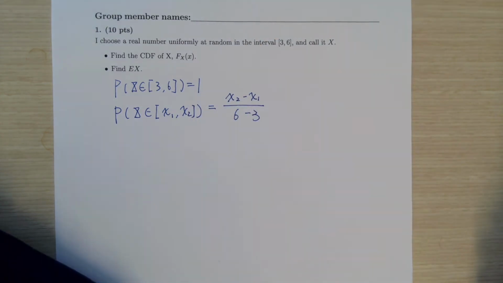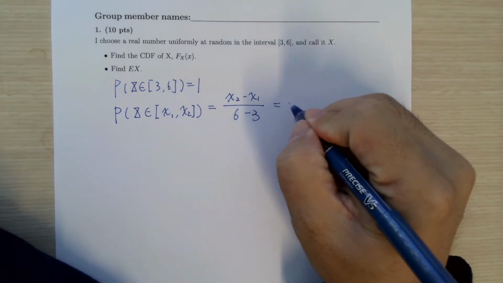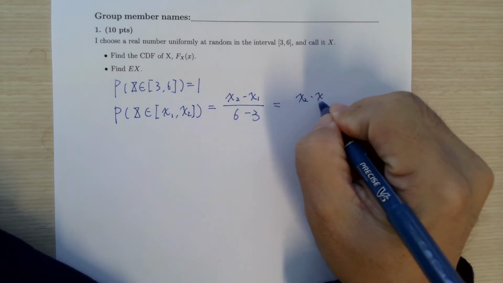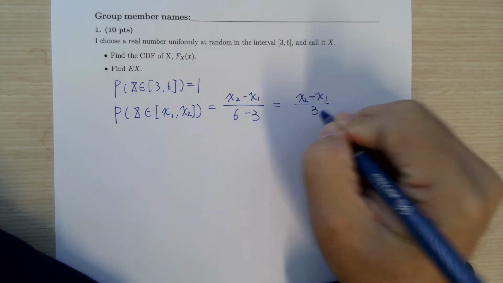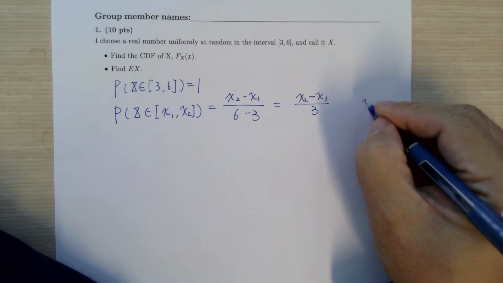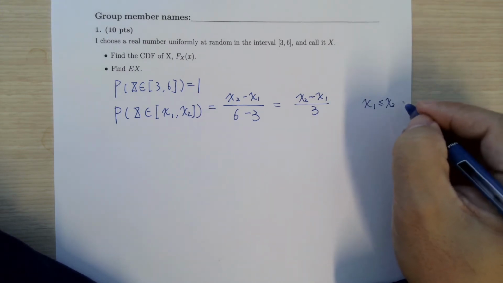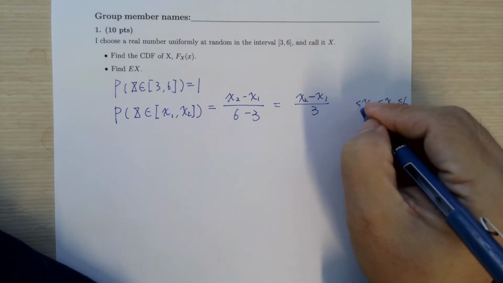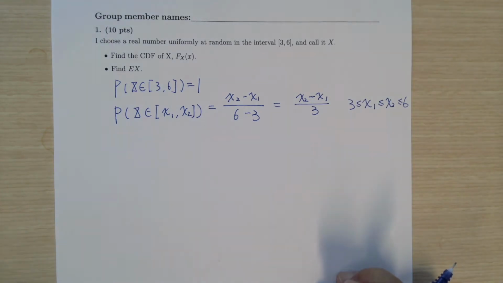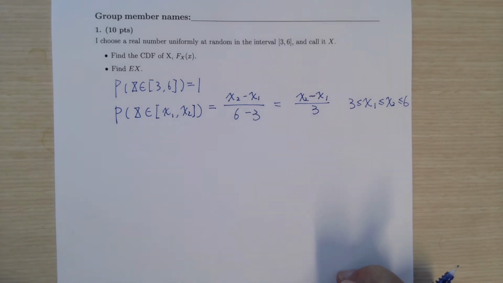So it's going to be (x2 minus x1) over 3, provided that we let x1 less or equal to x2 and it's bounded inside of this interval. Okay, so that's something we can observe.